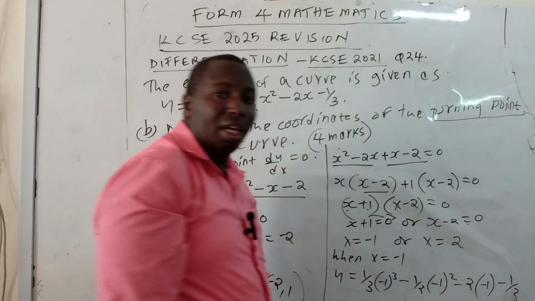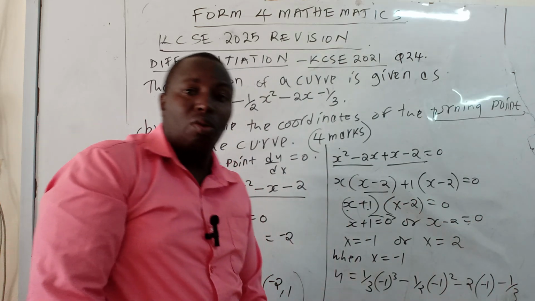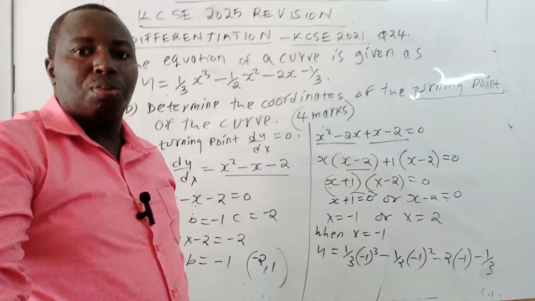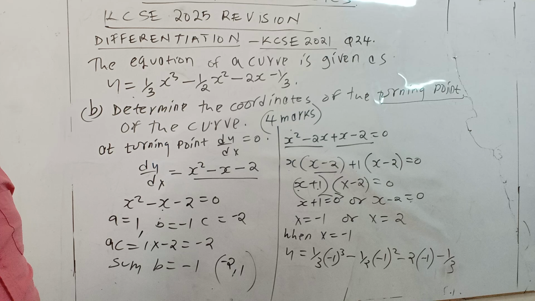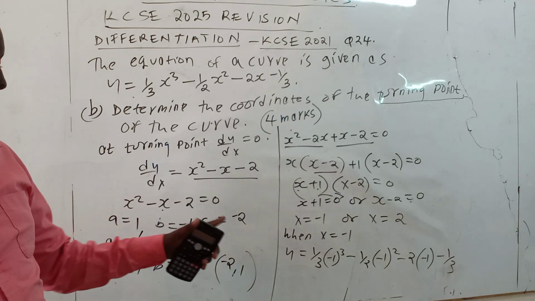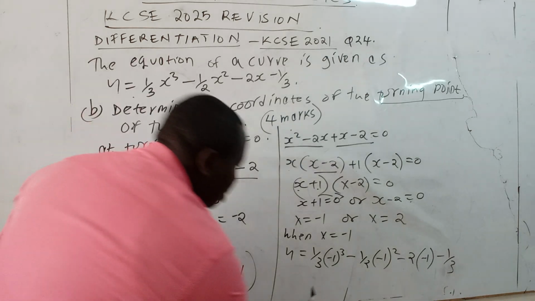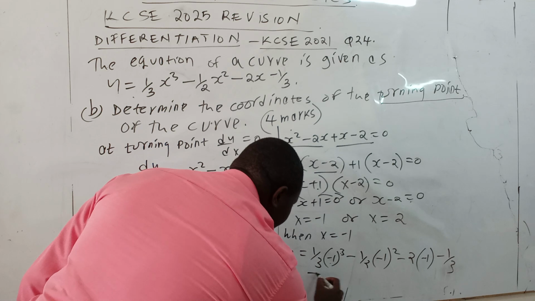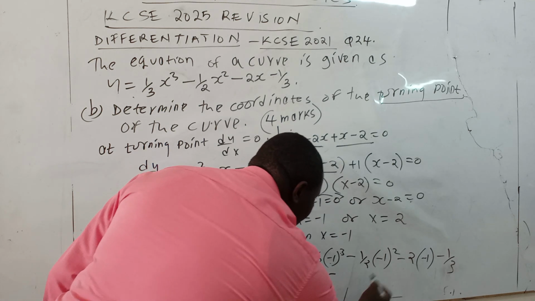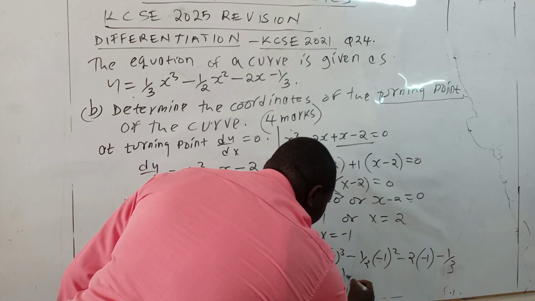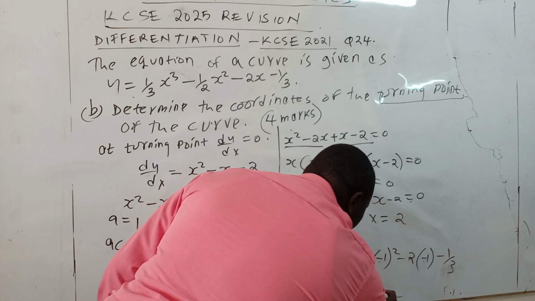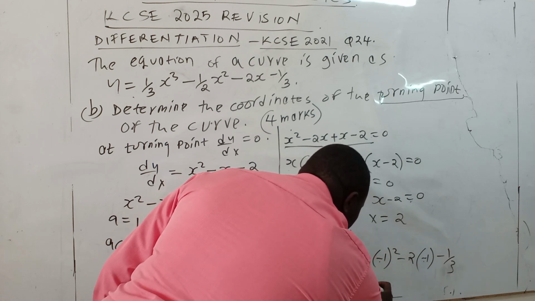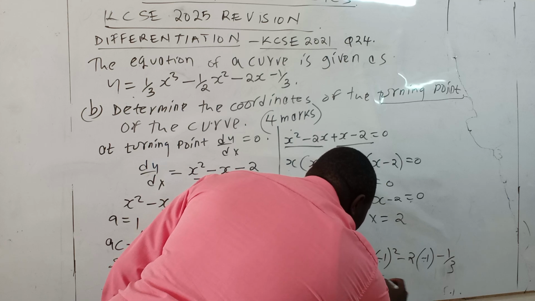So this becomes negative 1 cubed is negative 1 times a third, that's negative a third. Minus negative 1 squared is 1 times a half, that's a half. Minus 2 times minus 1 is minus 2, so minus 2 becomes plus 2, minus a third.